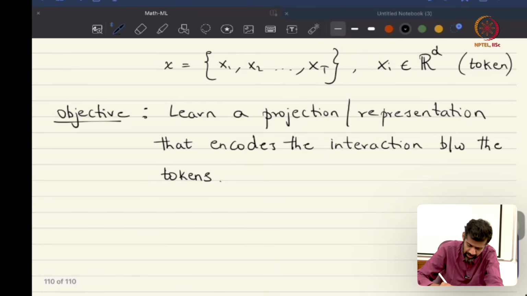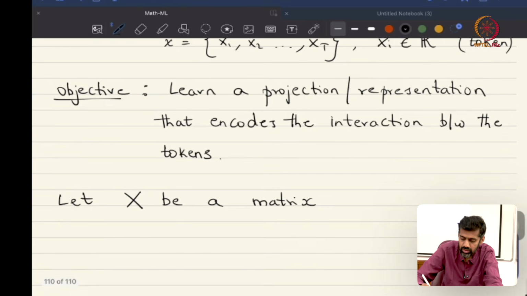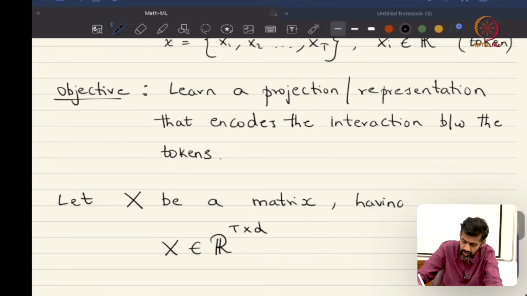Now, start by representing, let capital X be a matrix in R^(T x d) having the data point.